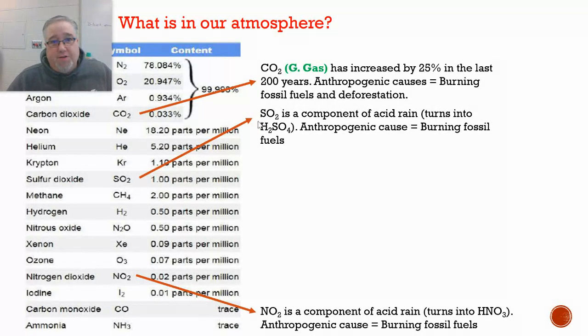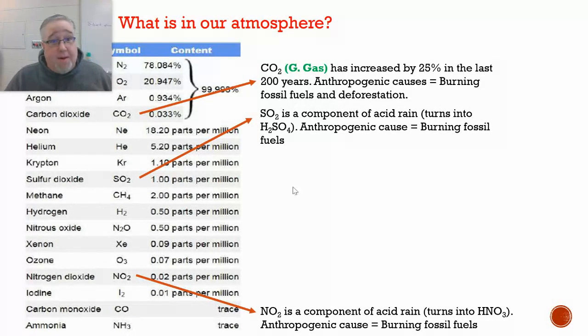SO2, for example, is put up into the atmosphere by burning fossil fuels. Every time we burn a fossil fuel, coal, oil, or natural gas, we put this stuff up into the air. So even though there's not a lot of SO2 in the air, it is on the rise.